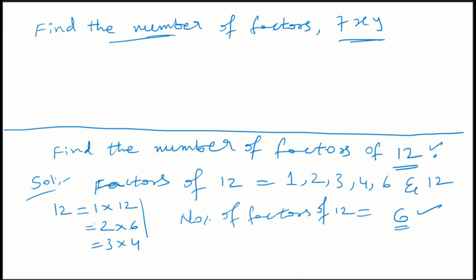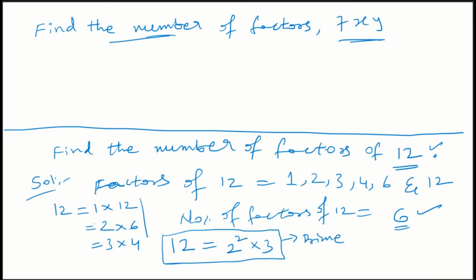Yes, there is. What is that? See children, if I write 12 as 2 square into 3, this is called prime factorization. You know that. It is the prime factorization.